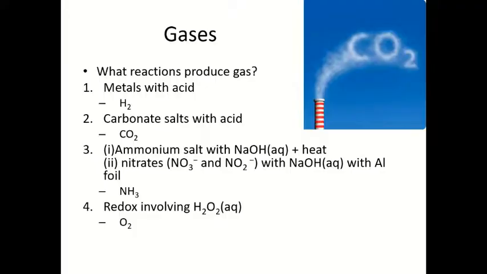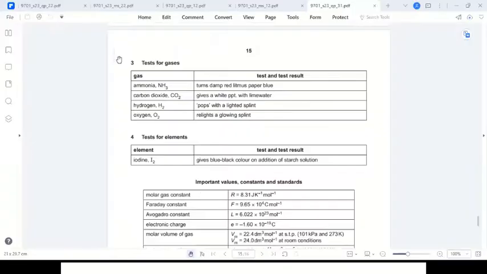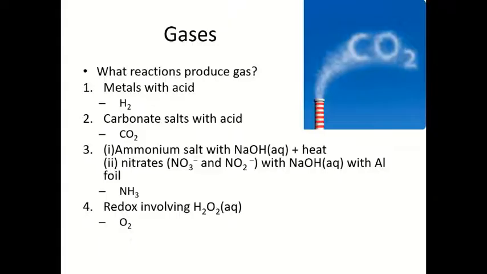You are supposed to test this gas, identify this gas with a glowing splint, because oxygen will be able to relight a glowing splint, due to its properties in helping the combustion.